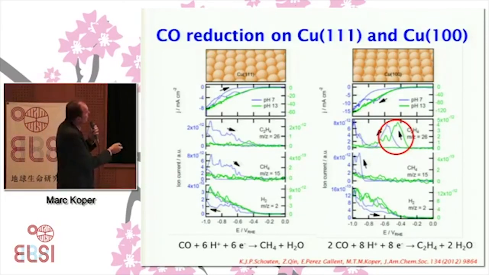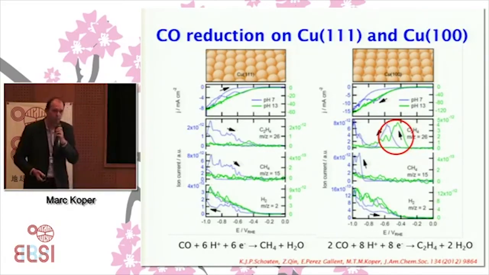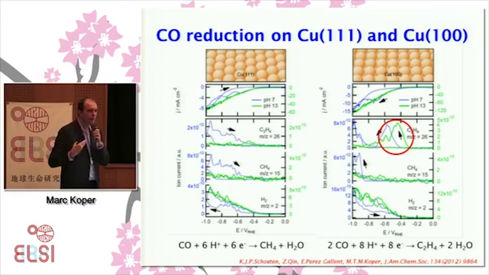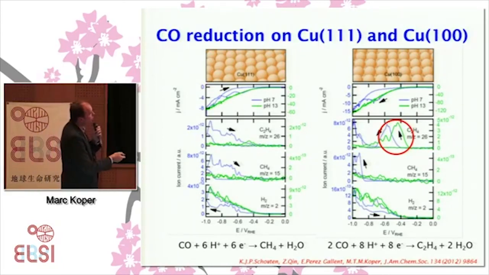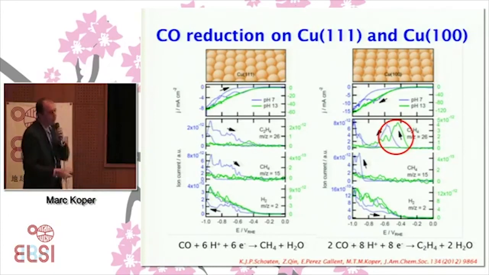If we do this reaction on copper 111, where the surface atoms are arranged in this hexagonal fashion, you can see that we make methane and we make ethylene. The profiles in the mass spectrometer are very, very similar, suggesting that they are made in the same pathway. If we do the same reaction, but now on copper 100, where the atoms are arranged in a square fashion, you see that you have a potential window where we only make ethylene, but we make no methane.